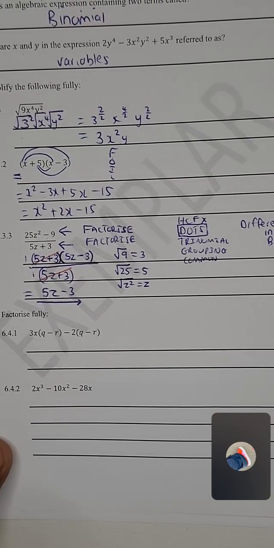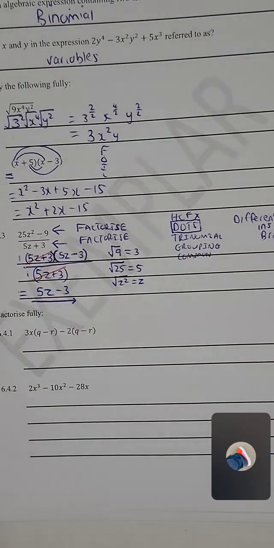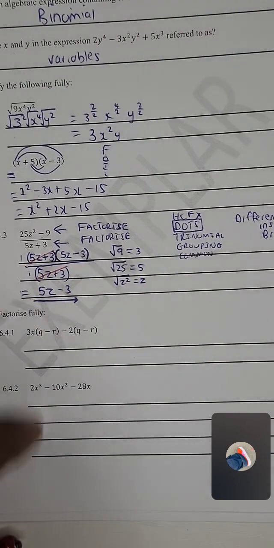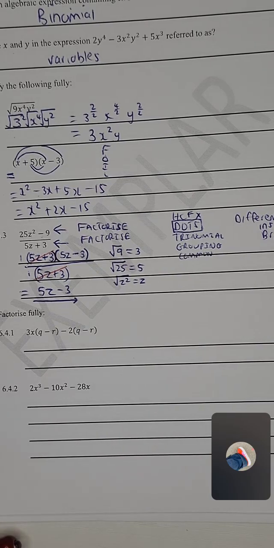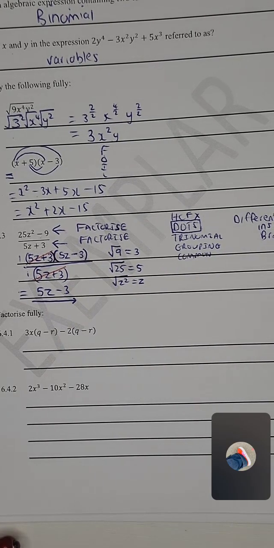Yes. So that's how we go about it. Division of expressions means that you look at the denominator. Can you factorize? If you can, do it. You look at the numerator. Can you factorize? If you can, you do it. And you always consider your different types of factorizations.